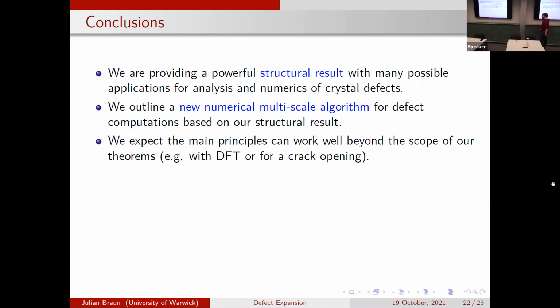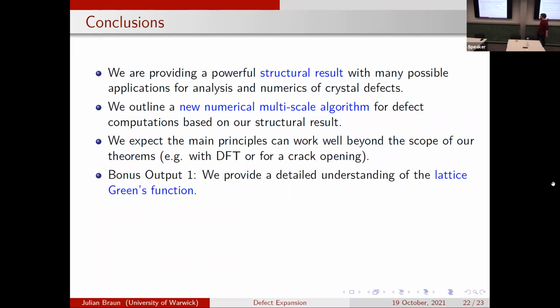But we really expect this to work more generally. So if you just want to do numerics, for example, even if you're using BFT and not the potentials like I wrote down, or if you want to do a crack opening, by the way, you should be a bit more careful. But that's another topic. But the main principles should still apply. This could be expected in many cases beyond what our precise theory tells us.